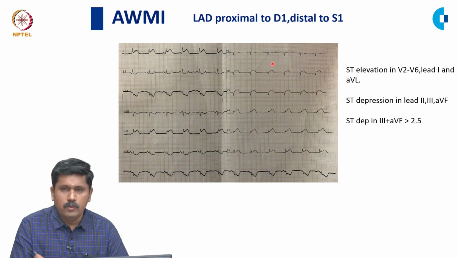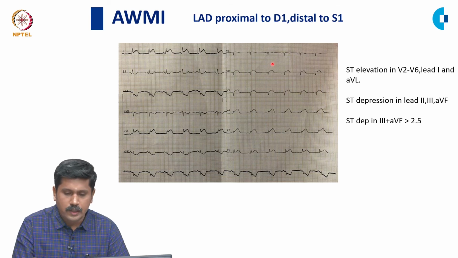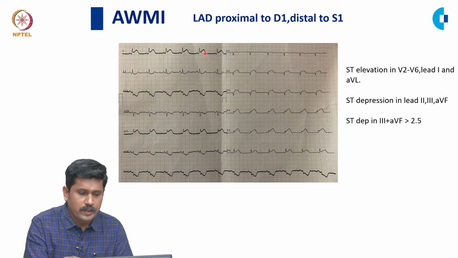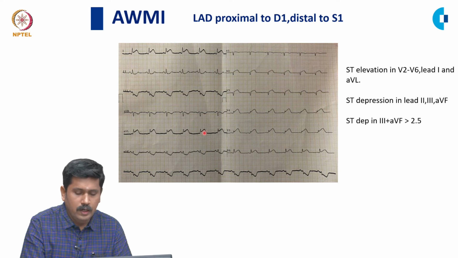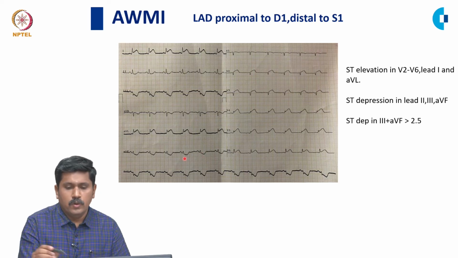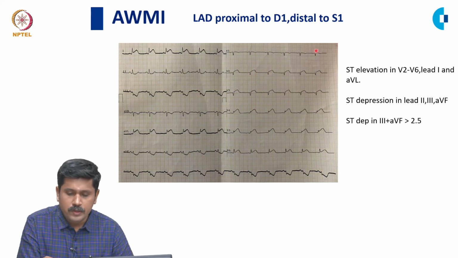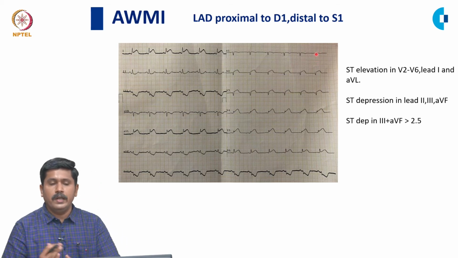So this is a standard 12-lead ECG showing an ST segment elevation in V2, V3, V4, V5 and V6. And also there is an ST elevation in lead 1 and AVL with reciprocal ST depression in lead 2, lead 3 and AVF. Just look at lead V1; there is no significant ST elevation in lead V1. So what does it indicate?